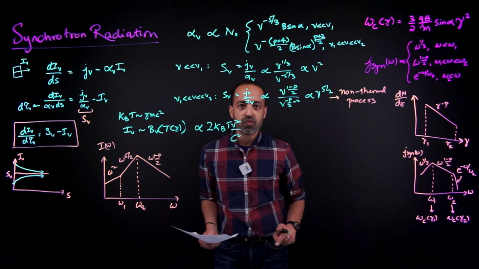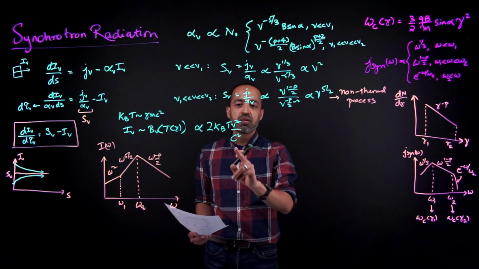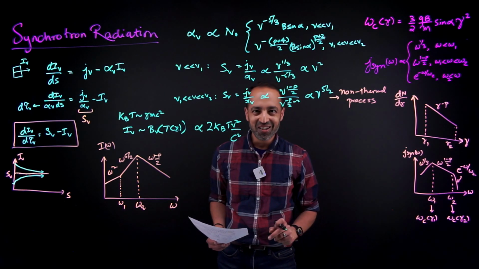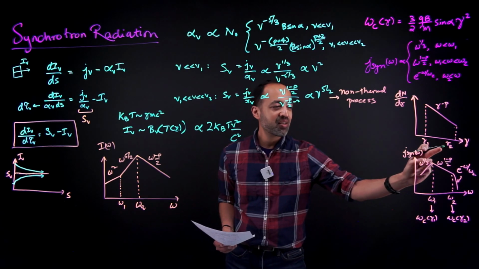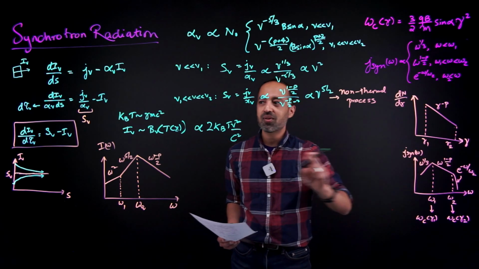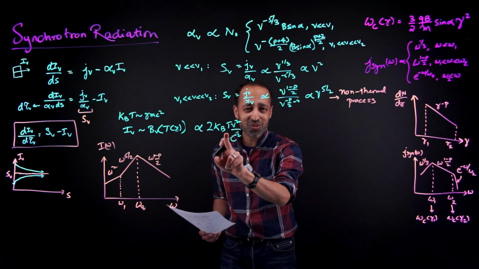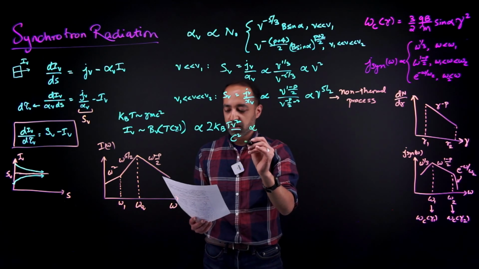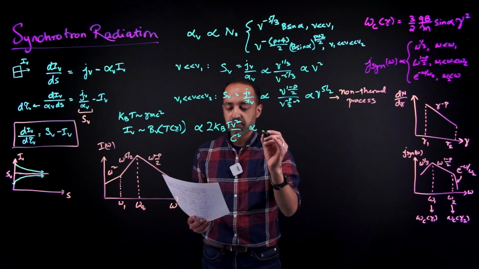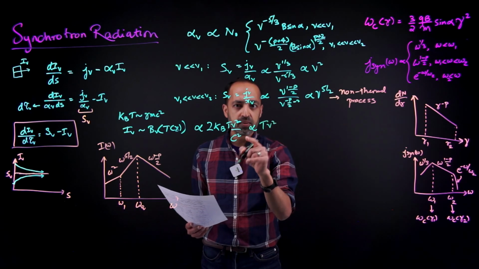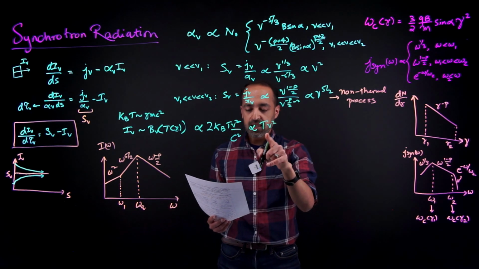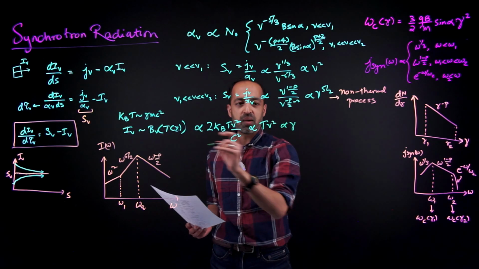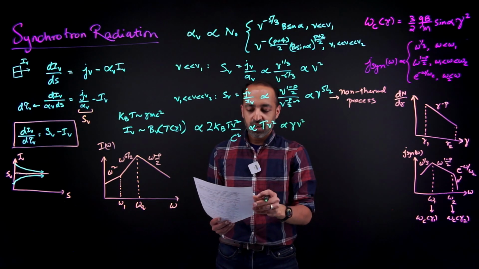Where you get this omega to the 5/2 from is from noting the fact that this temperature depends upon the Lorentz factor of the electrons. Right, so each electron here has a different Lorentz factor, and so it has a different temperature. So this temperature is frequency dependent. What does that mean? So when we put in here the fact that this temperature, so this is proportional to T nu squared, and then this T is proportional to gamma, because T is proportional to gamma, times nu squared.